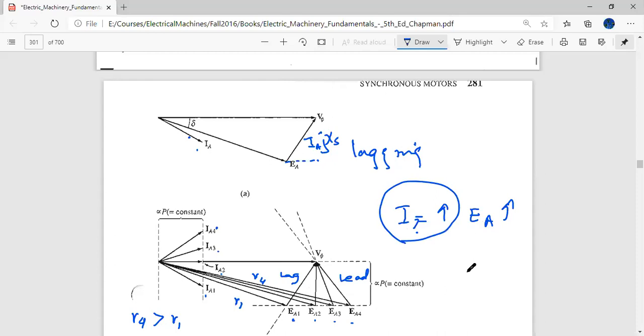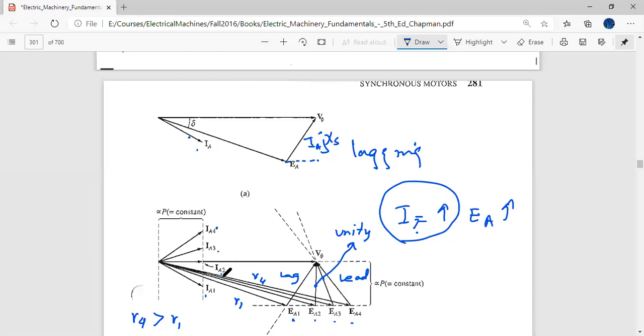I hope this is clear. And as the motor goes from the lagging to the leading power factor, look what happens to its current: lagging, and over here it becomes unity power factor. So IA is exactly in phase. This is the condition where it is at unity power factor.